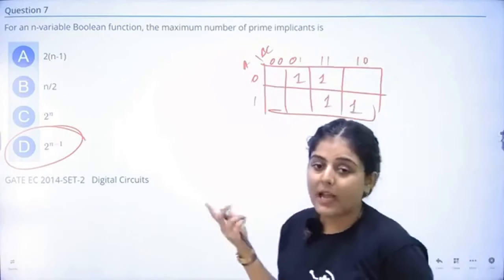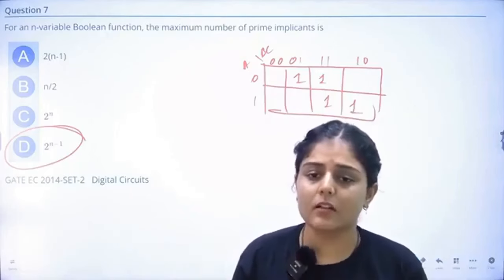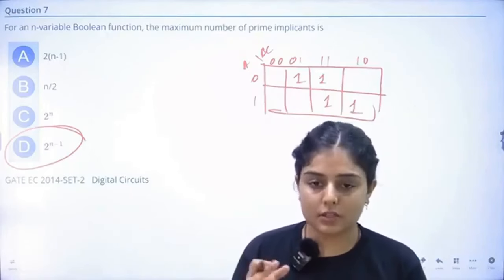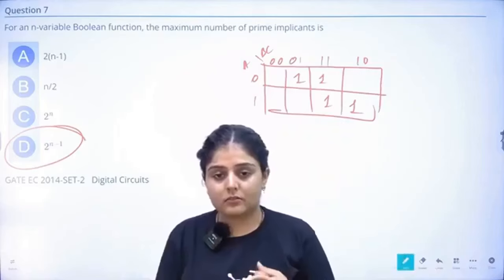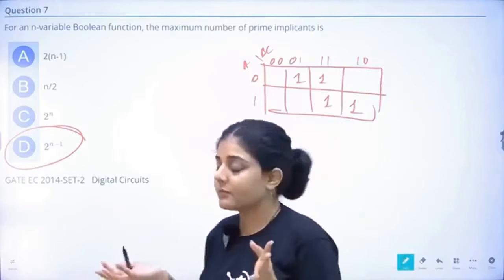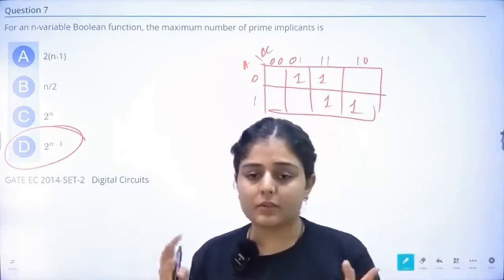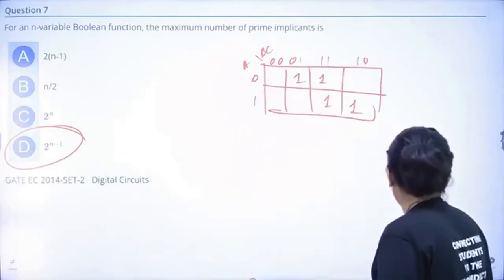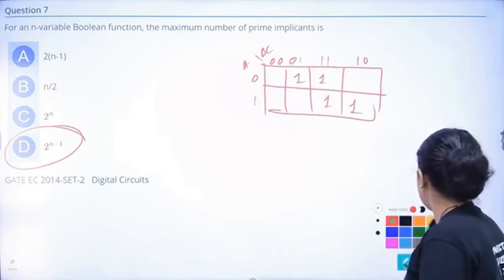Prime implicants are formed when we combine these ones in a rectangular or square join, whenever we are making a pair, a quad, or 8 numbers together. So basically that is the combination. Here we can see how many pairs.